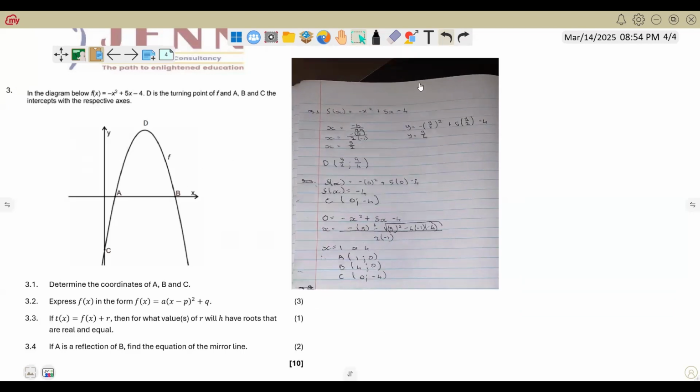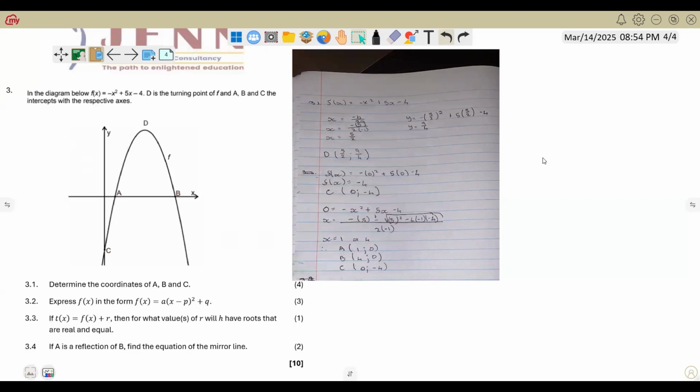D is the turning point of f of x, and A, B and C are intercepts with the respective axes. Determine the coordinates of A, B, and C.